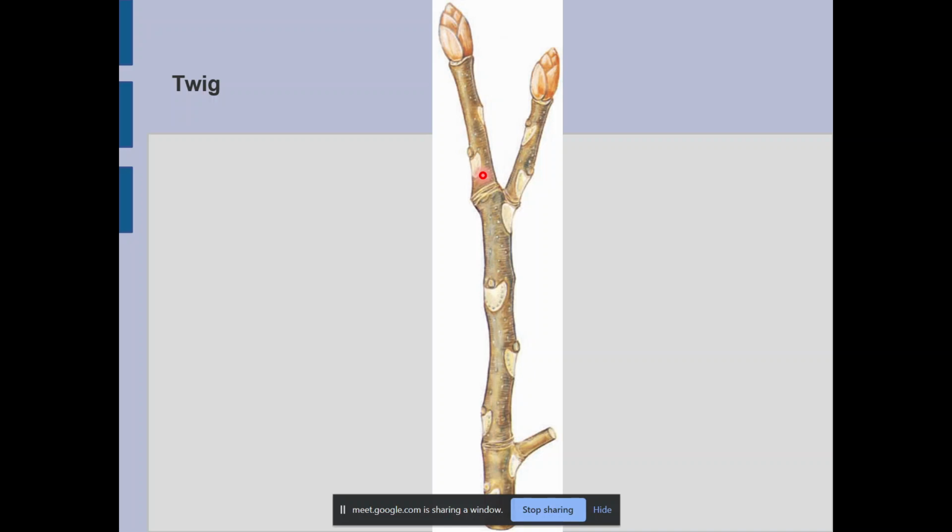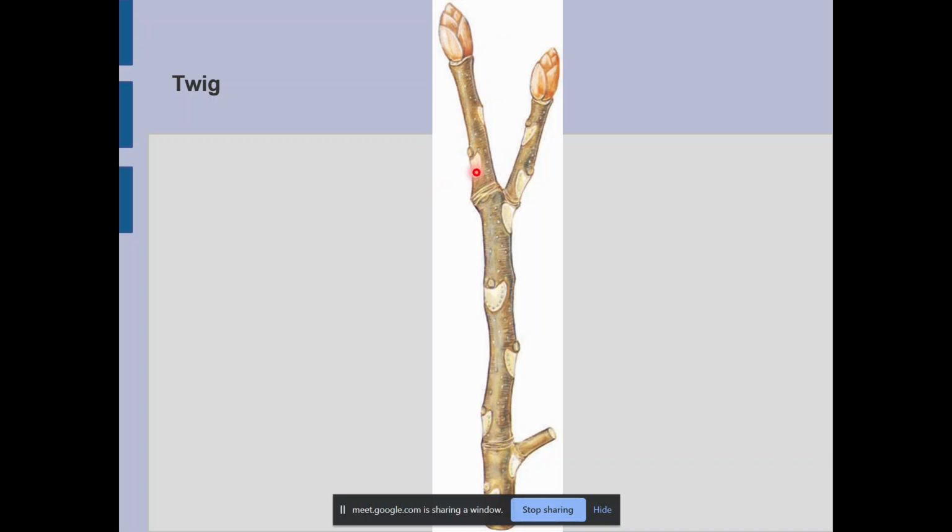Usually woody twigs in the temperate regions form terminal buds once a year at the end of the growing season, and that is why the number of the terminal bud scale scars on the twig can reveal its age.